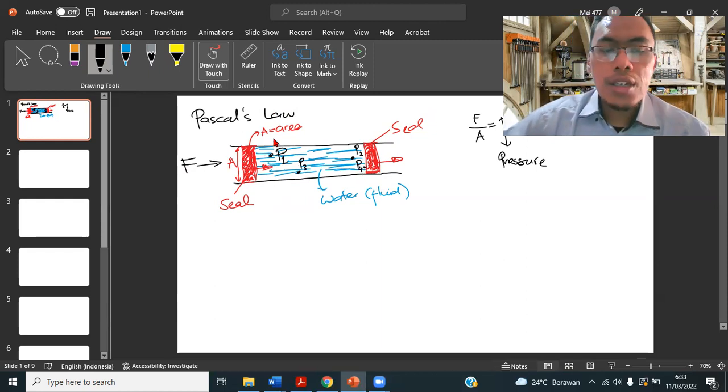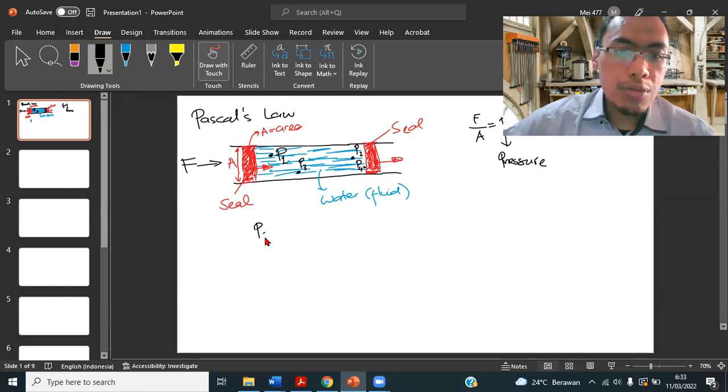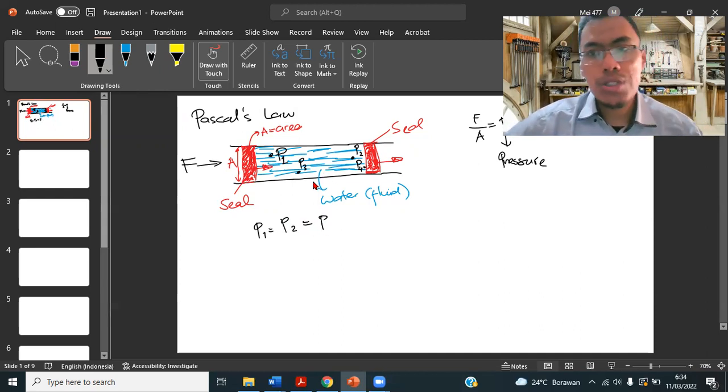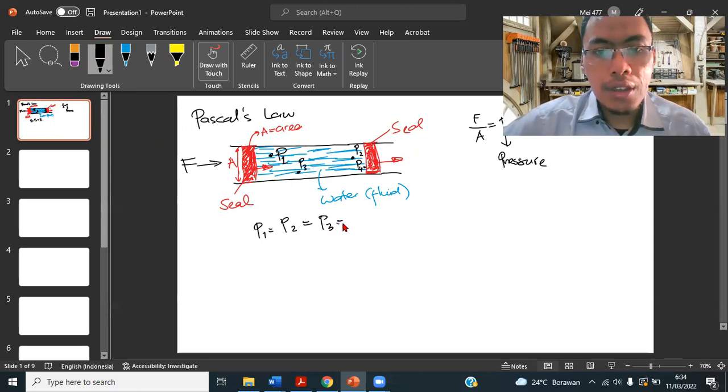P4. In this mechanism the pressure 1 will be similar with pressure at the point 2, and then will also be similar with pressure number 3, and it does for point number 4.